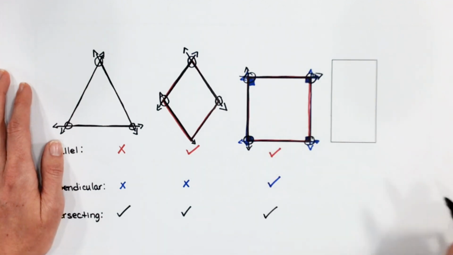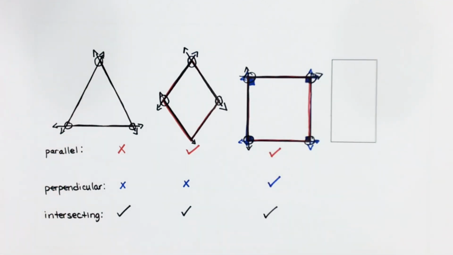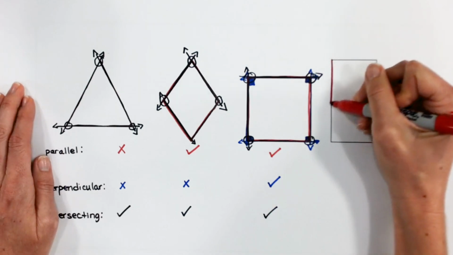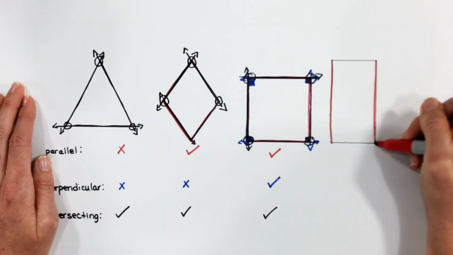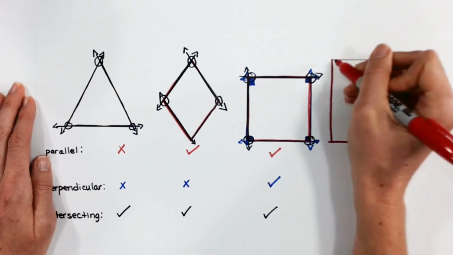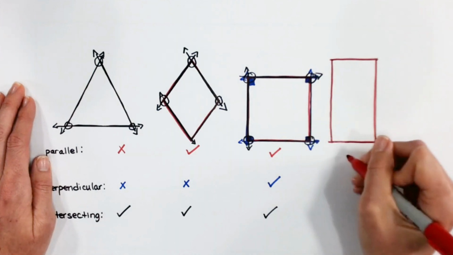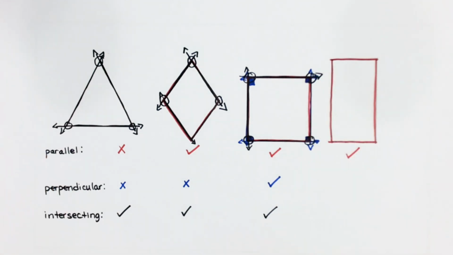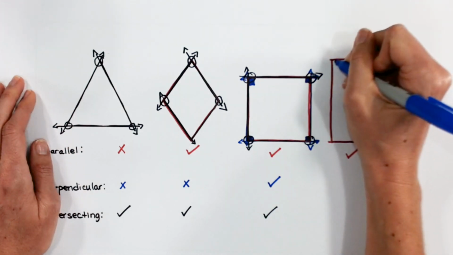And finally, let's look at our rectangle. We have parallel lines here and here, and then my parallel line here and here. Next, perpendicular lines. Do we have lines that intersect and form 90-degree angles? And we do.